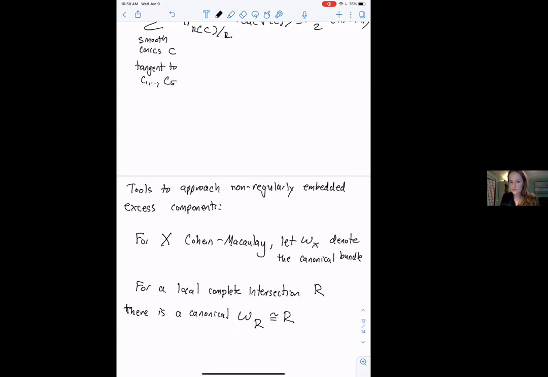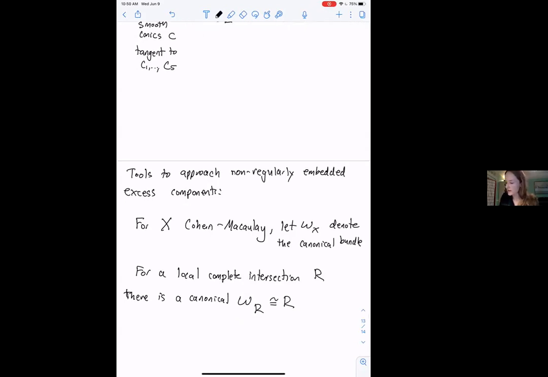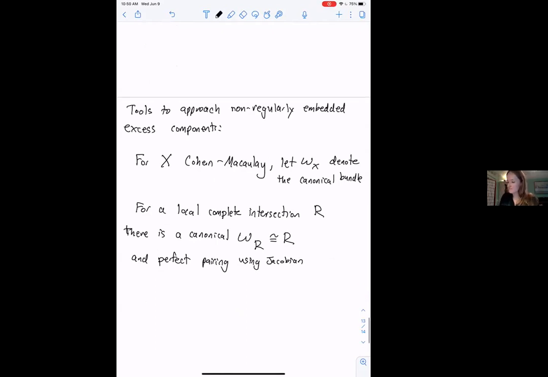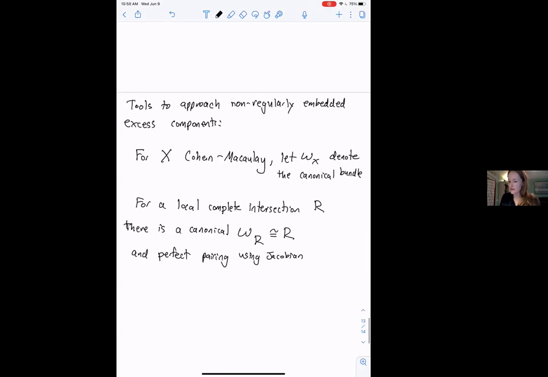And resulting perfect pairing using the Jacobian. And this is classical, but some names that I associate to this are Scheja-Storch and Eisenbud-Levine, and that's not a great attribution for this stated like this.